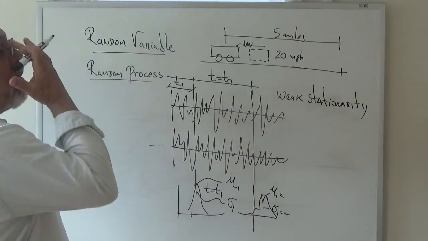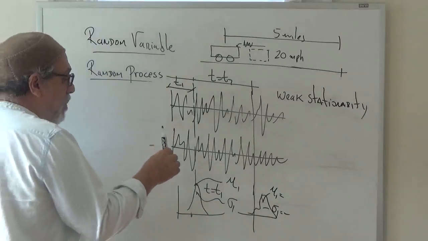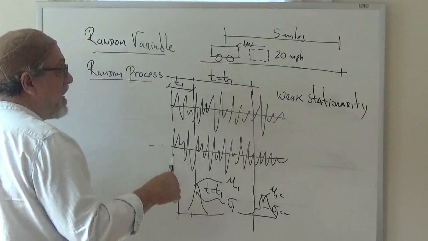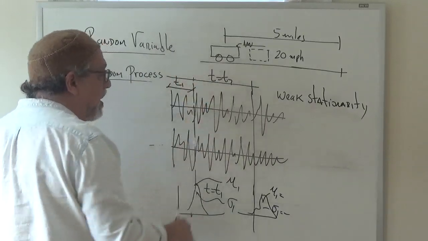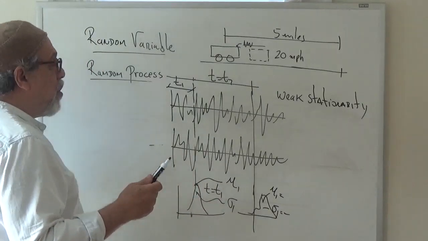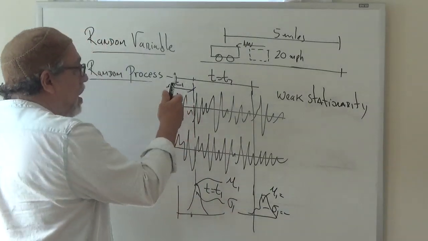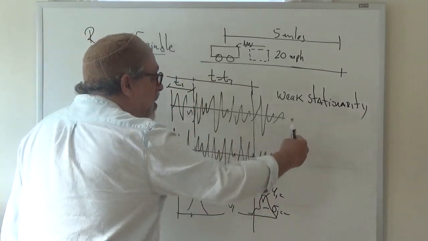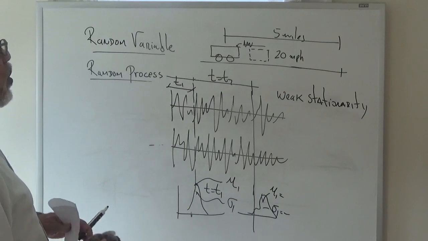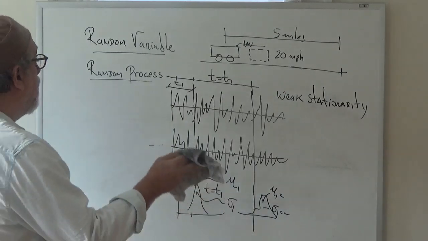So when we say a process has weak stationarity, we are not saying that the probability density function is the same everywhere, but what we're saying is that the mean and the standard deviation, or more generally, the mean of the process and the covariance function, when it's not just one variable, are not changing in time. Typically, we use the word just stationary, but what we mean is weak stationarity.